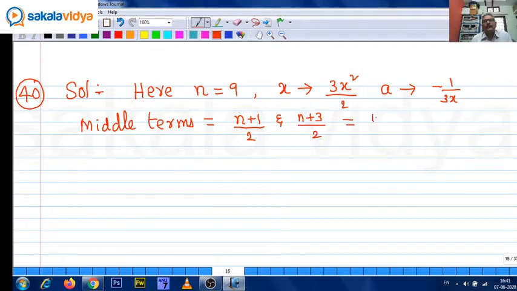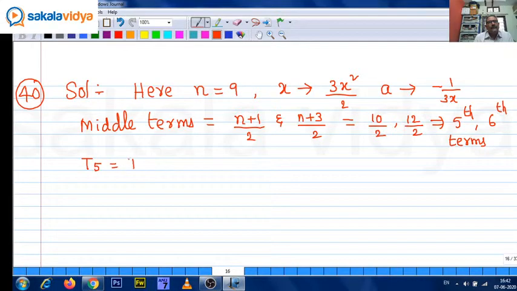So that means 10/2, 12/2, which implies the fifth and sixth terms. So first we need to find the fifth term, T5.